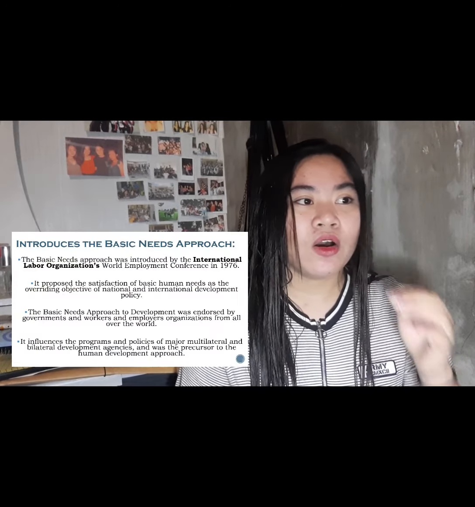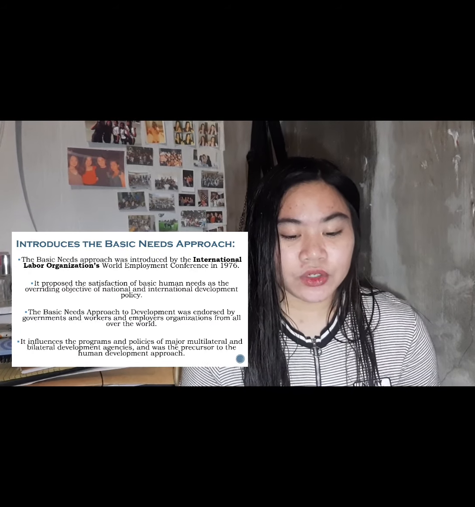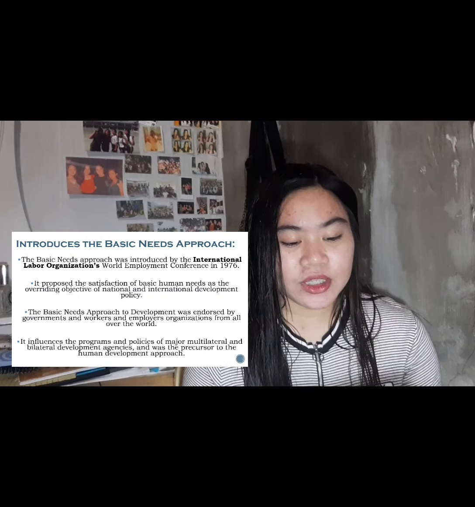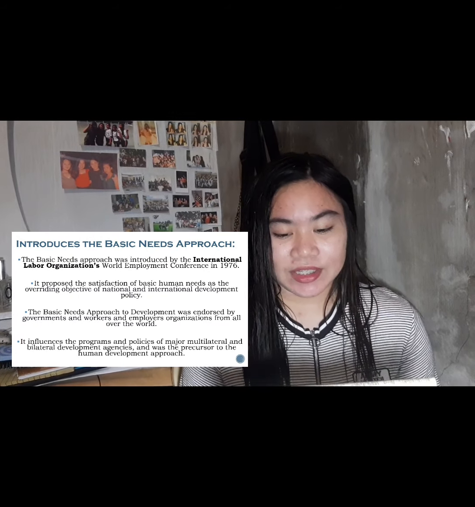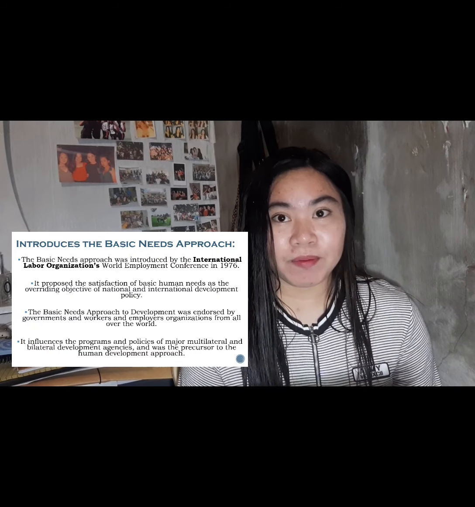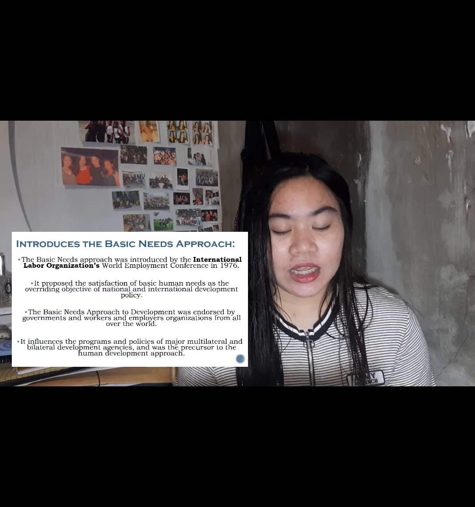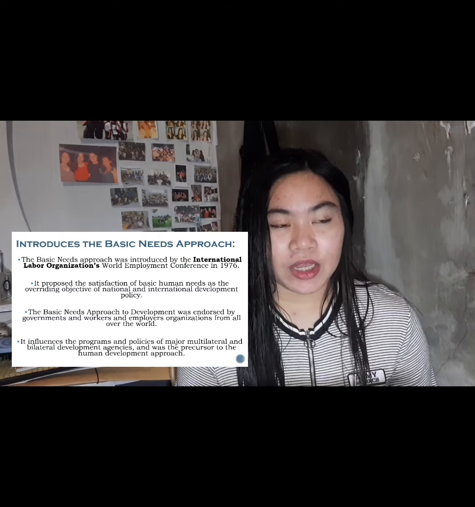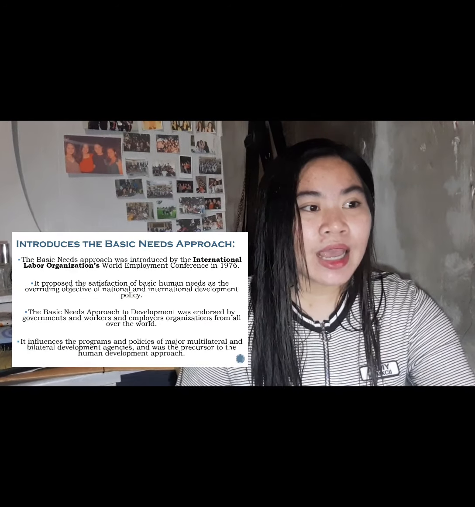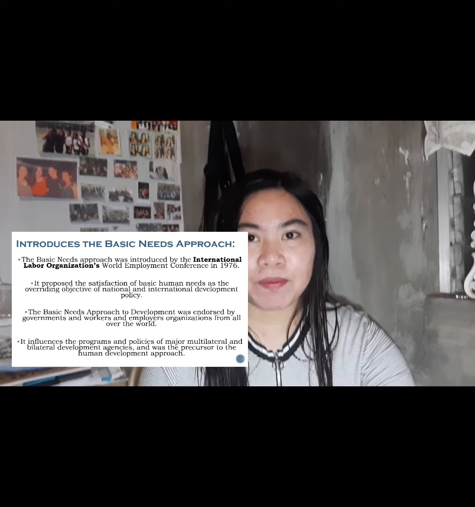Next is the introduction of the basic needs approach. The basic needs approach was introduced by the International Labor Organization's World Employment Conference in 1976. They enriched and elaborated the earlier concept of employment and policies to deal with it by relating both directly to the situation and needs of developing countries. It proposed the satisfaction of human needs as the overriding object of national and international development policy.